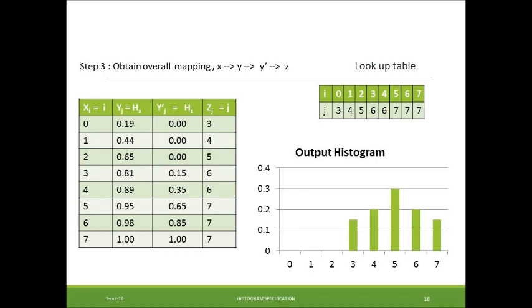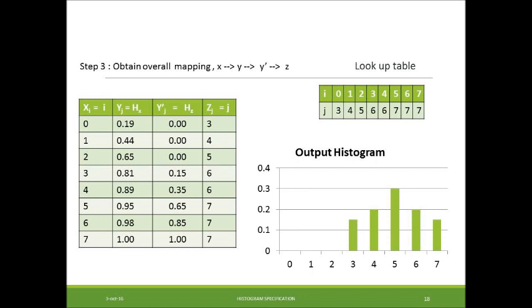Now from step 1 and 2 we have the values for Xi, Yj and Y dash j. Now in step 3 we will calculate Zj equal to j.